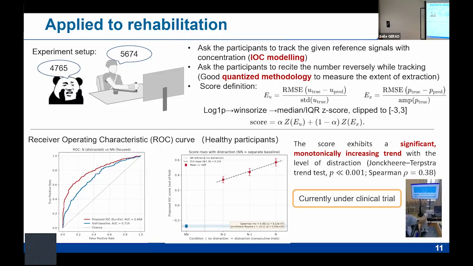Then we ask the patients to recite numbers, because we want to give some distraction. For example, I say 4, 7, 60, 65, and he or she is required to say them in reverse order. We increase the number of digits, so that is a very quantized methodology to measure the extent of the distraction.